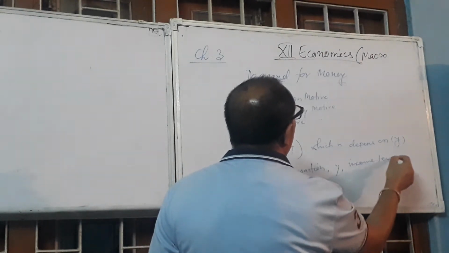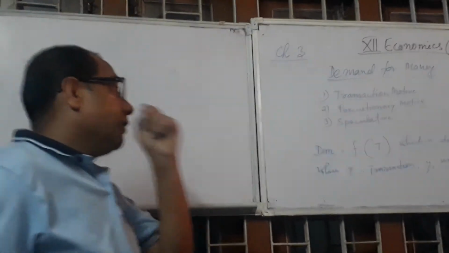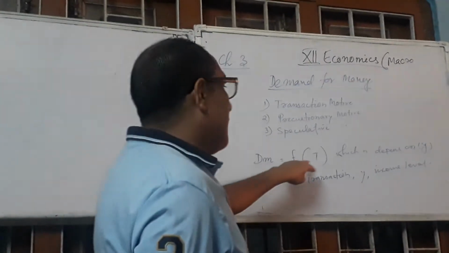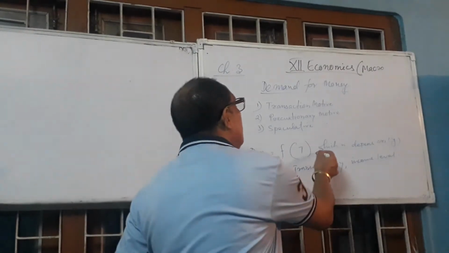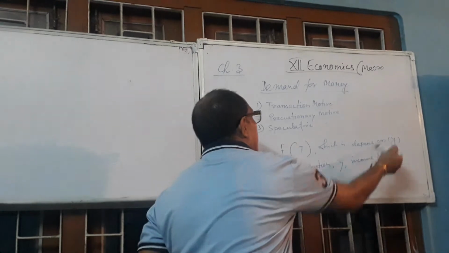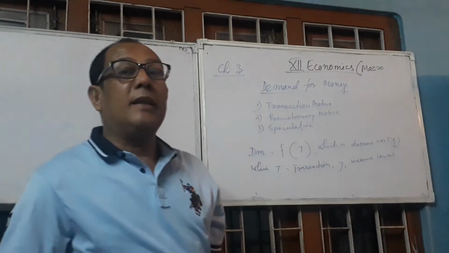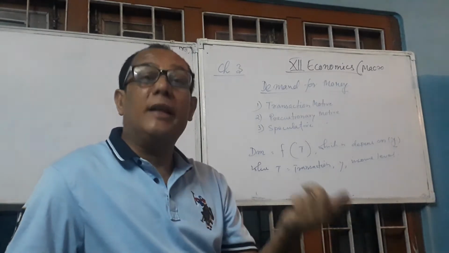So you have understood, people demand money for transaction purposes, and this transaction depends on the income level of the people. If income is more, transaction will be more, and if income is less, transaction will be less.